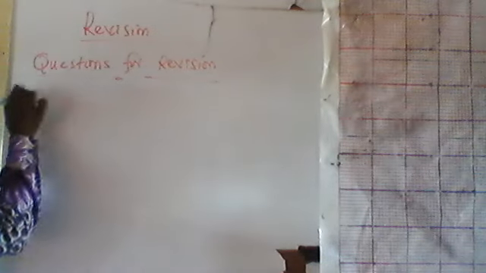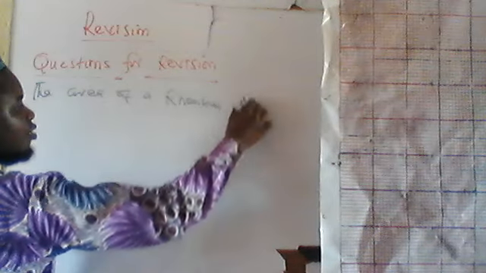So what do you have in question number 4? In question number 4, you are told that the area of a rhombus ABCD is 72 centimeters square.